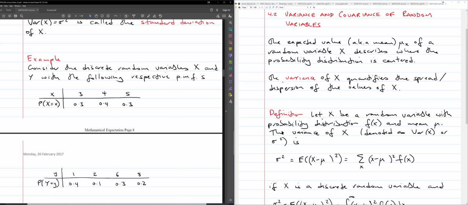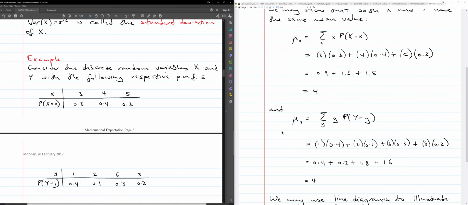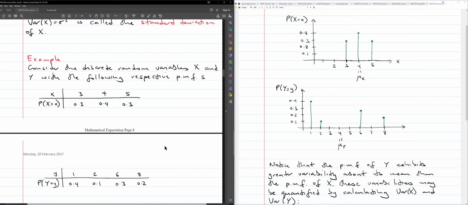With these PMFs, we could form line diagrams. So for random variable x, at x equal to 3, you have a probability of 0.3. So you use a line of height 0.3 to indicate that probability, and usually with these line diagrams, you put a little dot on top.